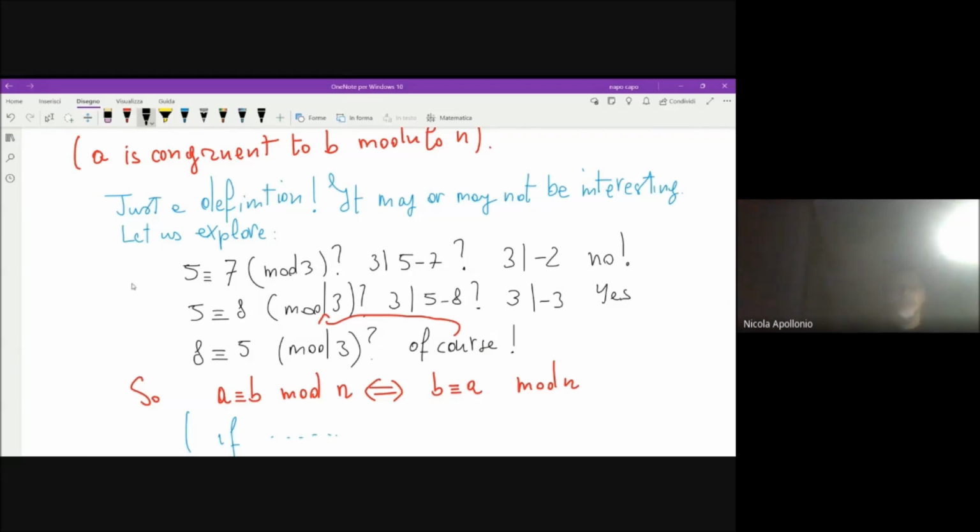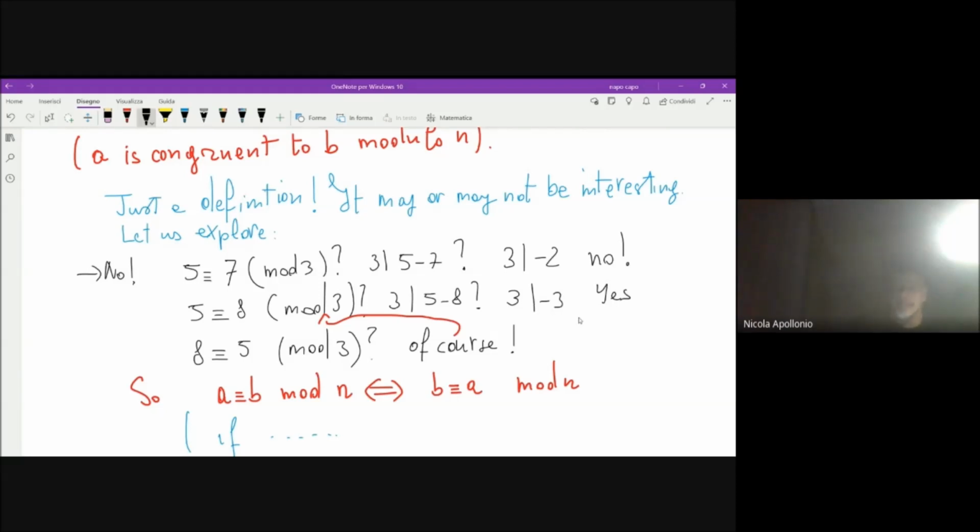No. So it is not. Is 5 congruent to 8 modulo 3? I don't know. Let us check. Does 3 divide 5 minus 8? Yes, because 3 divides minus 3.